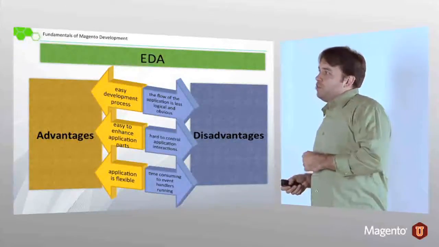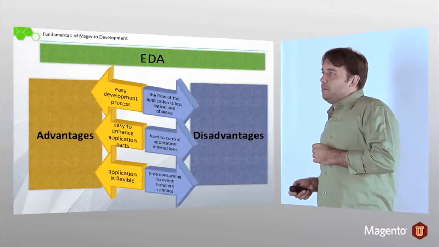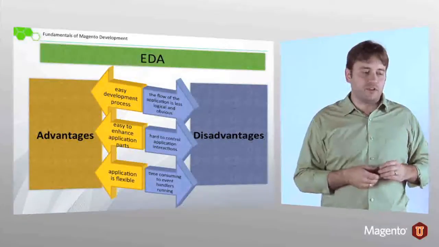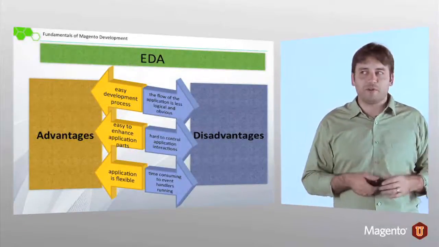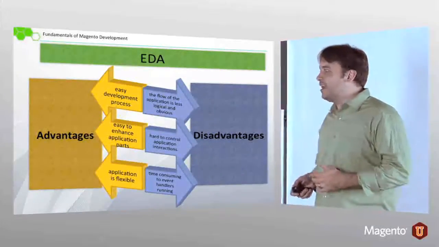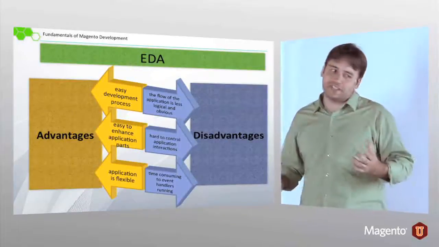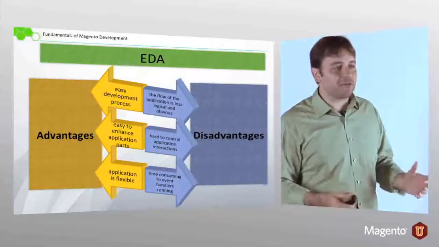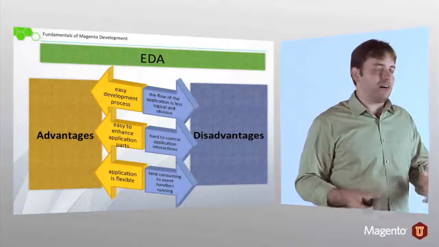But the drawback, of course, is that because it's so disconnected from the logical flow, it's really complex, in that you can have several different events firing at any given time, any number of observers observing those events, changing data, doing things, and you don't necessarily know the order that they're going to happen or what's going on.